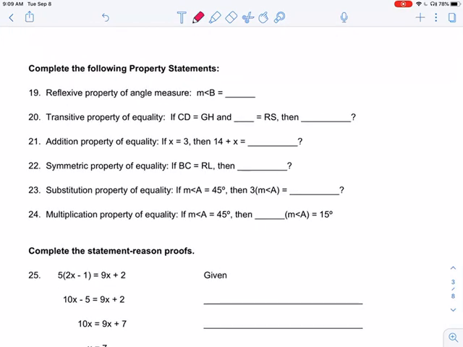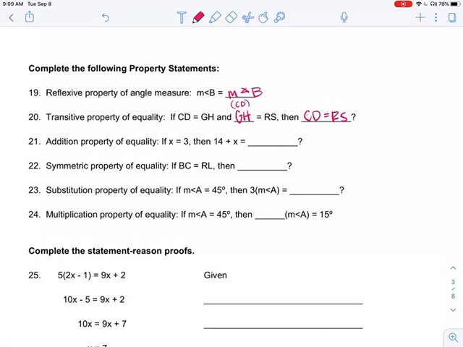Remember, this is the same thing on both sides, so this is going to be the measure of angle B is equal to the measure of angle B. Our transitive property is if CD is equal to GH and GH is equal to RS, then CD is equal to RS. You could also make this one CD, and that would be fine.